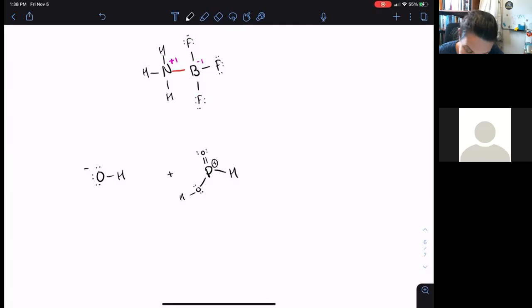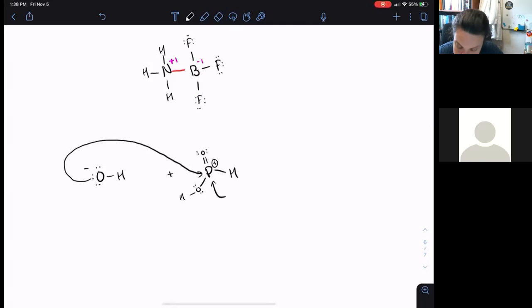So in this case, we see which one our positive center is. It has a multiple bond, which means it's electron deficient. It also has a positive charge. In this case, we'd come here, kick that off, and then that would make us have more than 4 bonds to that phosphorus. So we'd take this electron pair and go up that direction.